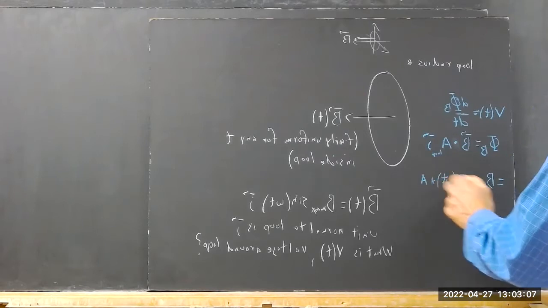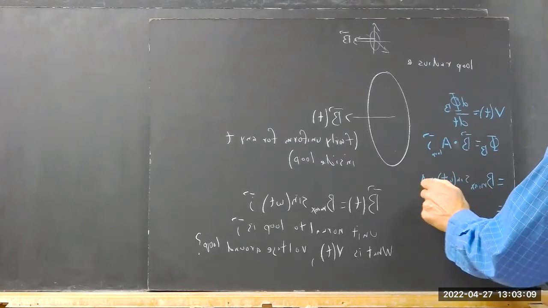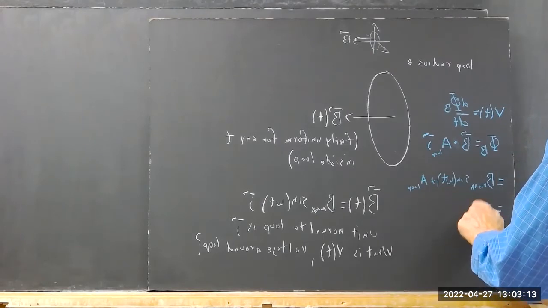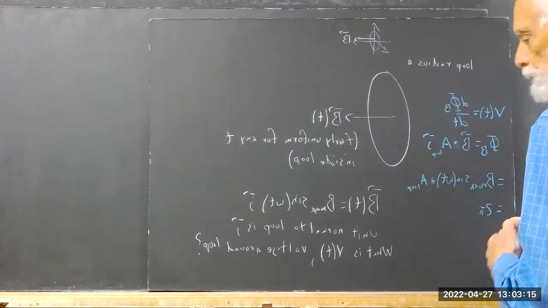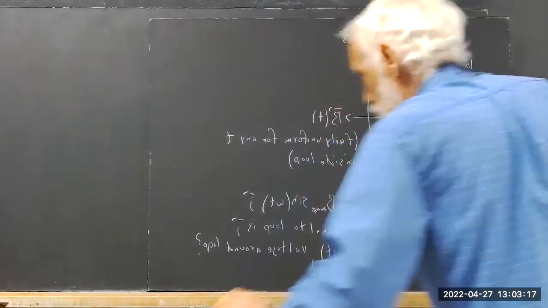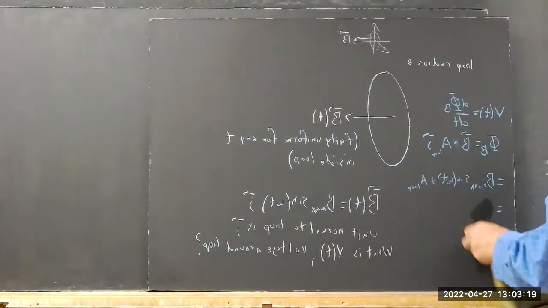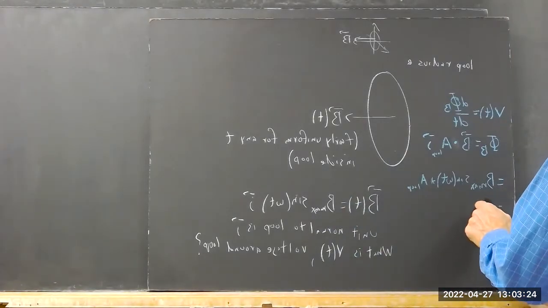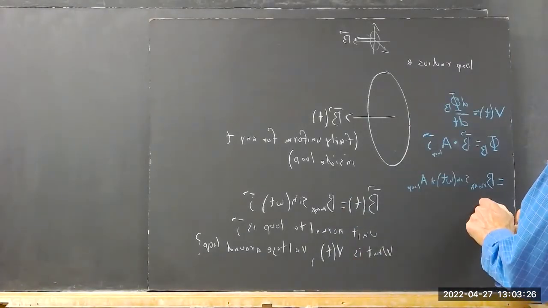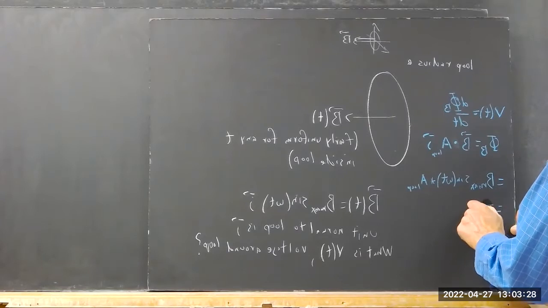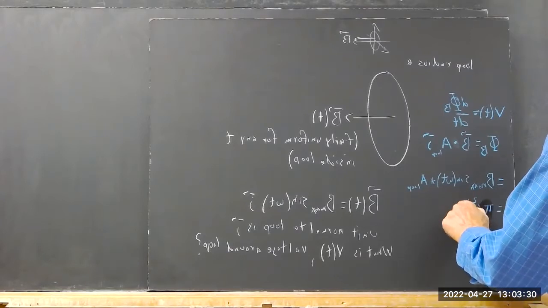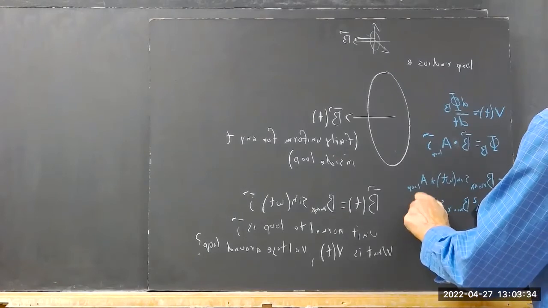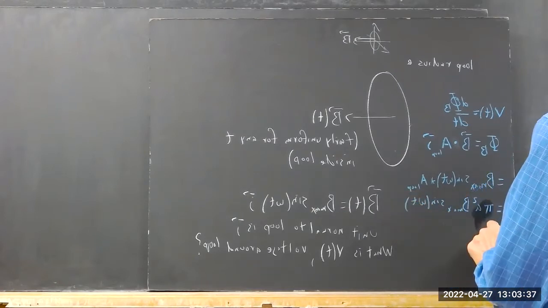So it's B max sine omega t times A of the loop, the area of the loop. Of course, the area of the loop is, thinking about the circumference, pi a squared. So B max sine of omega t times pi a squared.